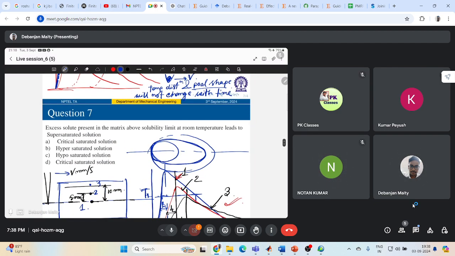I will come to this part. Excess solute, anyway, if you know, you can tell me the answer. Excess solute present in the matrix above the solubility limit. This is something on precipitation hardening. This is called supersaturation.